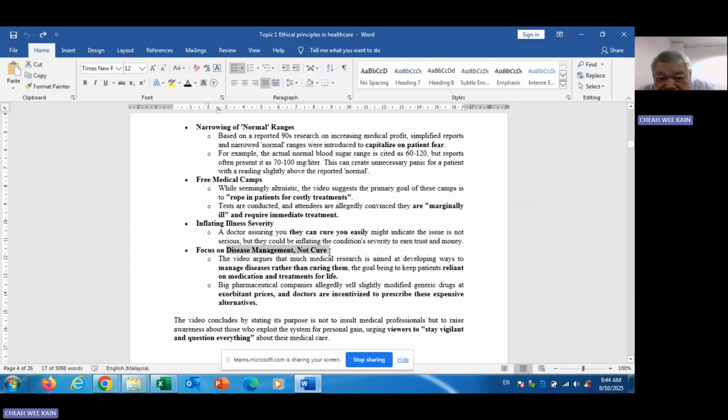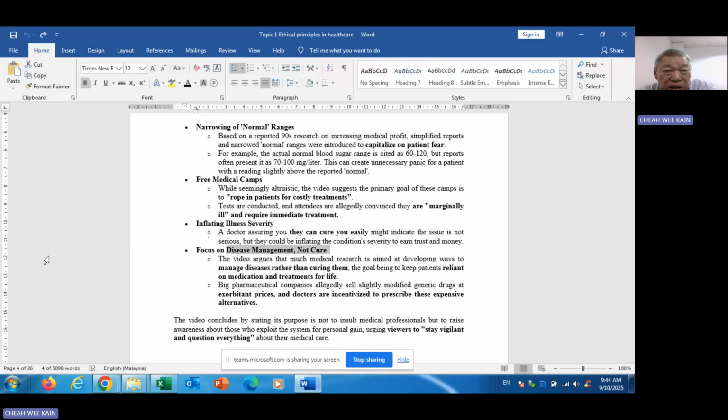Focus on disease management, not curing the underlying issue. Now, this is a little bit sensitive because for a lot of illnesses we do not know the underlying cure for it. A good example is cancer. We do not really know how to cure it.